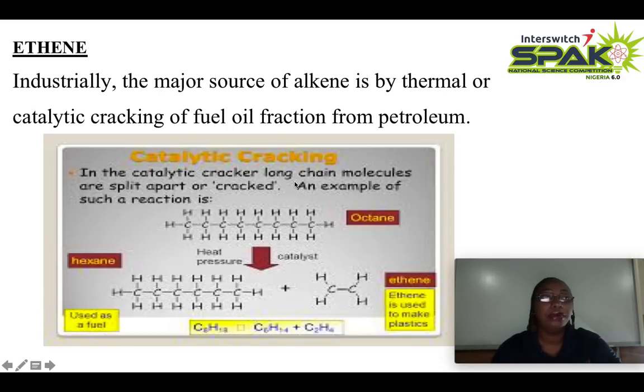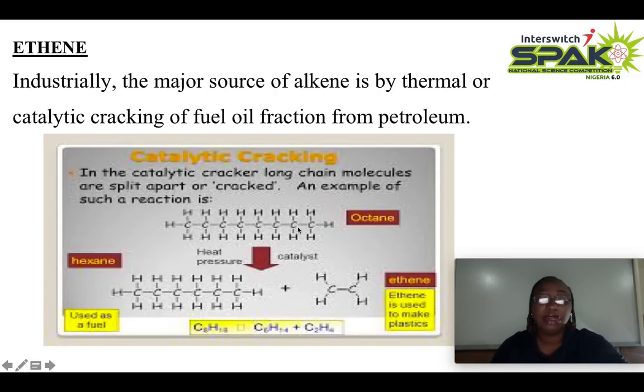After fractional distillation, you then have cracking to break down the larger hydrocarbons for more effective use, for example to have more petrol. So in catalytic cracking, you have long chain molecules being split down, or broken down, cracked.